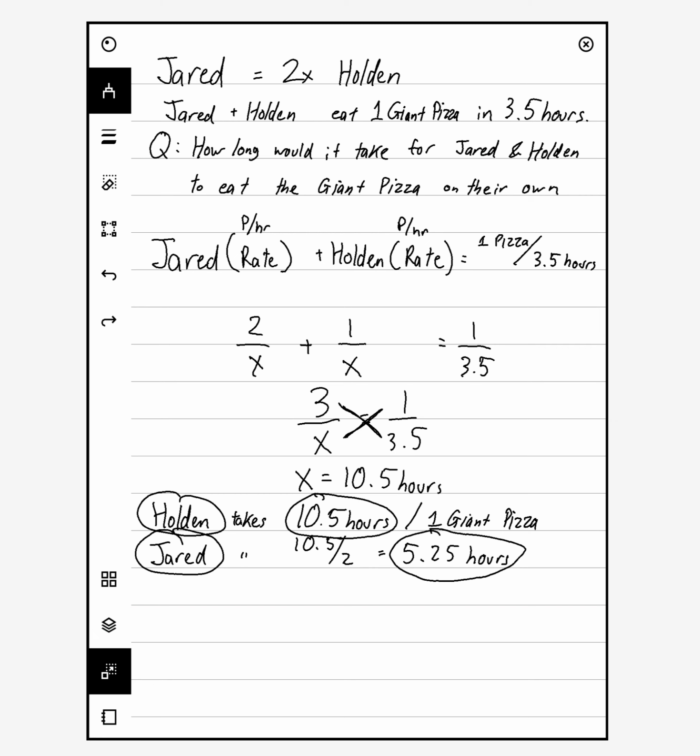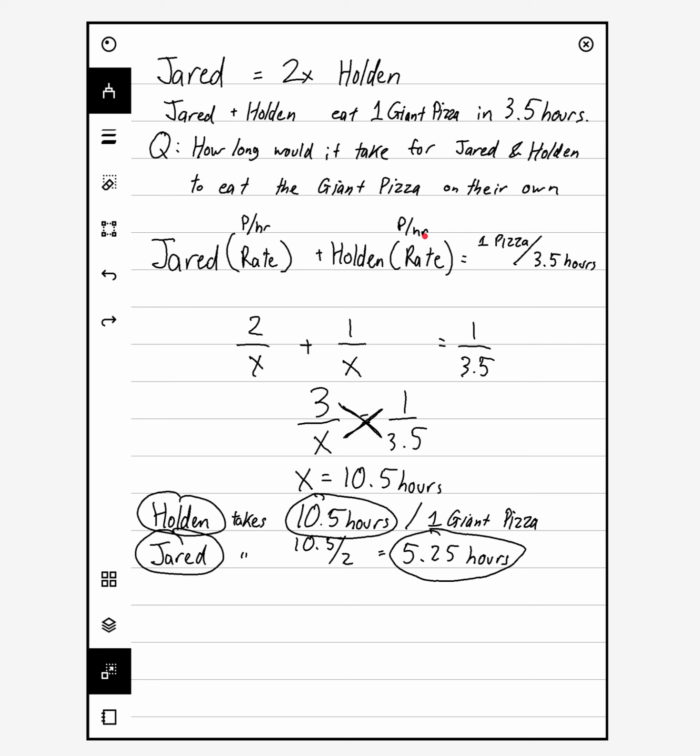Now, the other bit of information we got is that they eat one pizza in 3.5 hours. So that's like the units that we're going to be using. That means that whatever we're talking about for Holden is going to be in that same form. So that's why I did Holden's pizza per hour rate plus Jared's pizza per hour rate. We're going to add those two rates together. And then when I think about how many pizzas can Holden eat for a certain amount of time, they didn't really give me that information.